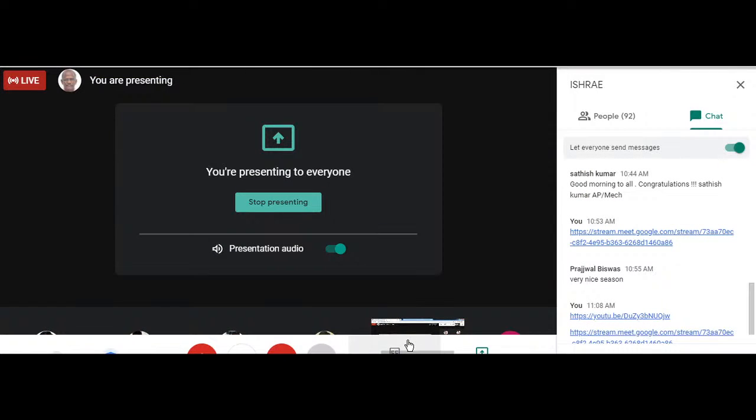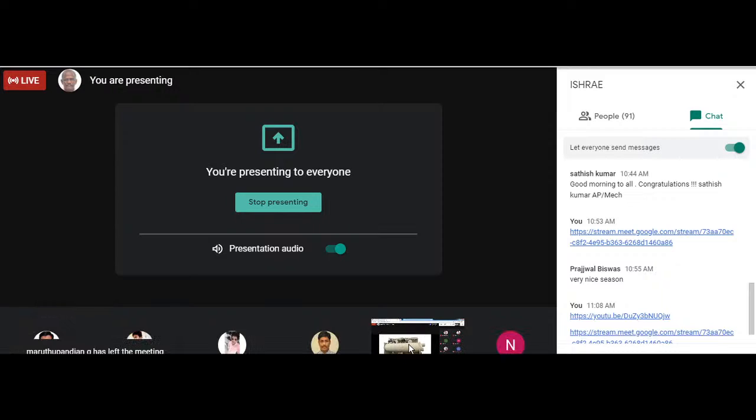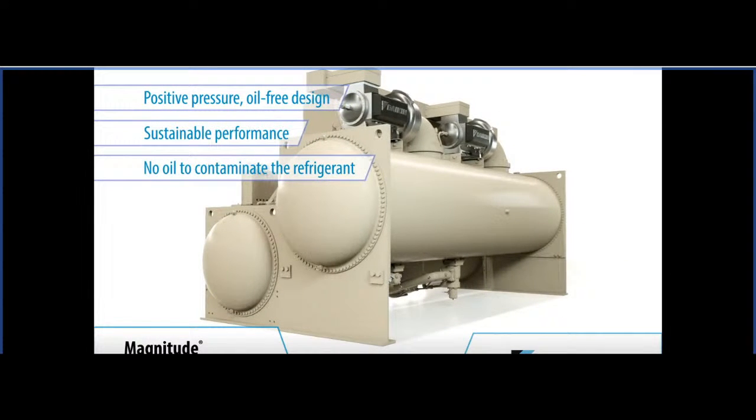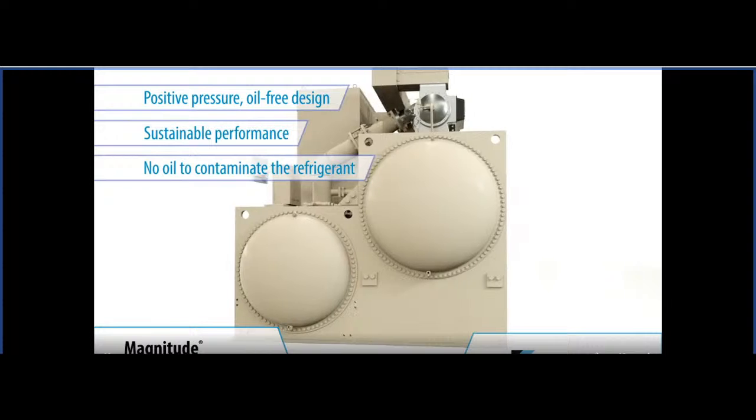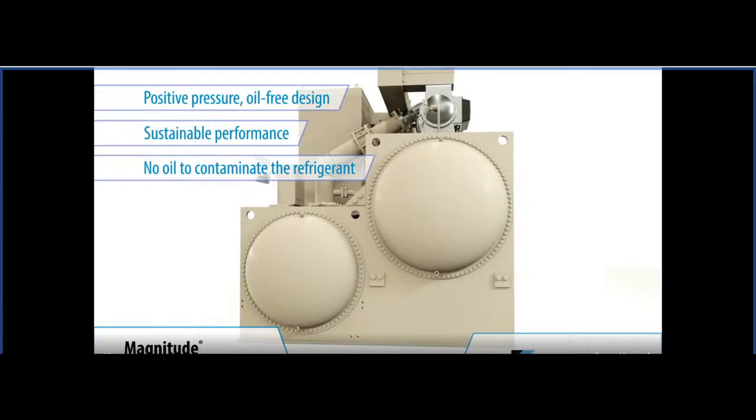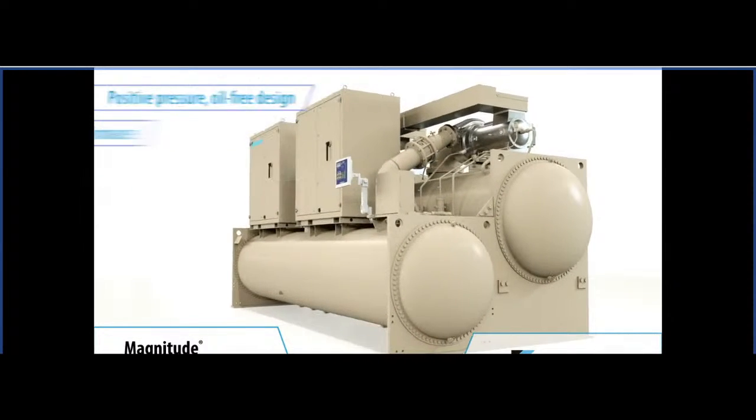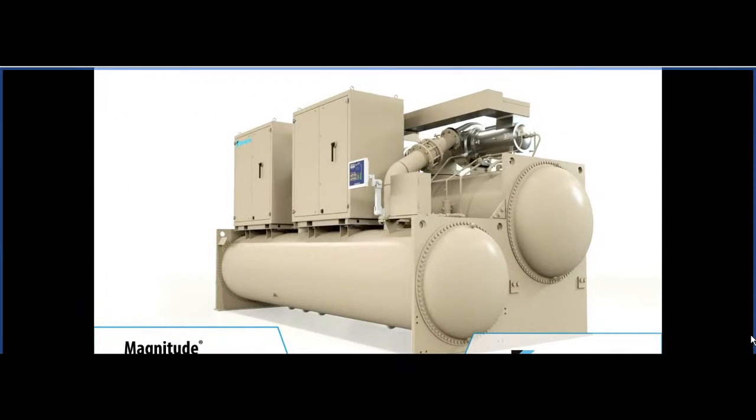And with its positive pressure oil-free design, that industry-leading efficiency can be sustained throughout the life of the Magnitude chiller because there's no oil to contaminate the chiller refrigerant or heat transfer surfaces. Eliminating the oil management system also reduces the associated maintenance costs.